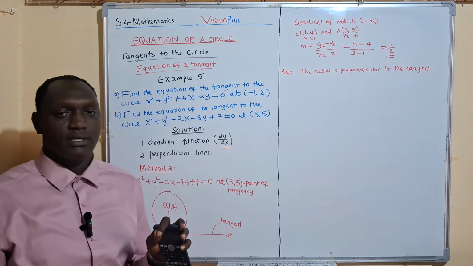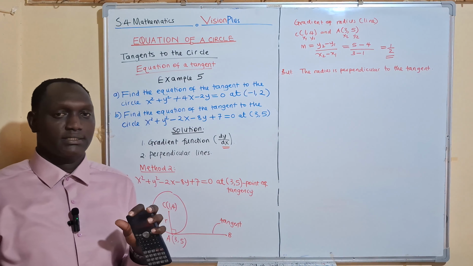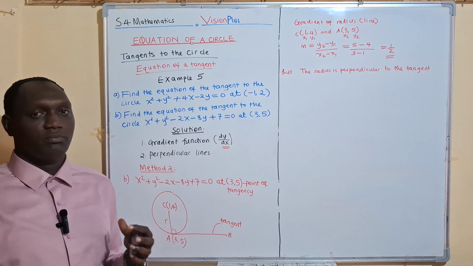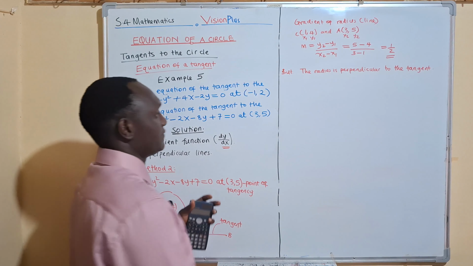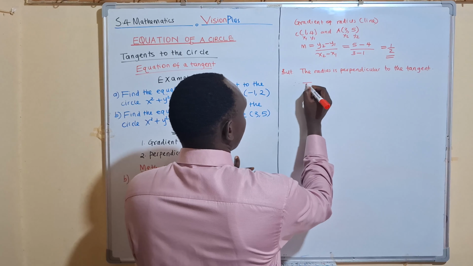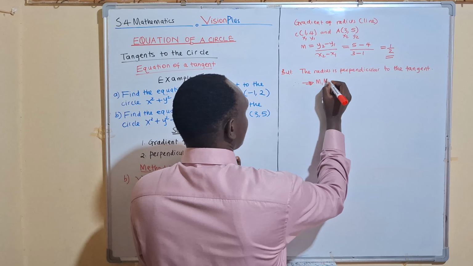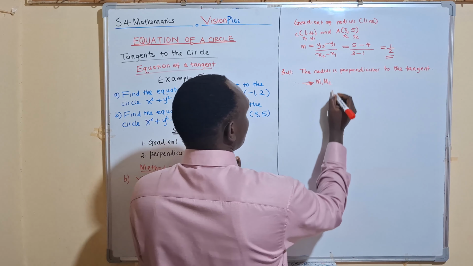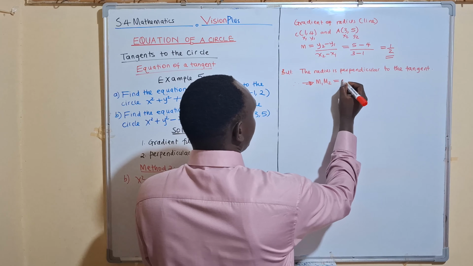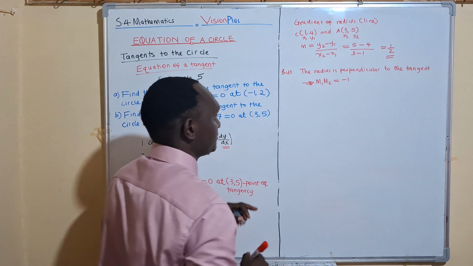We know the product of the gradients of any 2 perpendicular lines is -1. So this means that if you have the gradient of the first line m1 and the gradient of the second line m2, as long as they are perpendicular lines, you get -1.